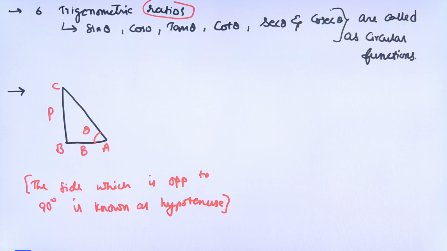So now you see students, trigonometric ratios. Ratios means something which is in the form of P by Q. So how many ratios are possible here?